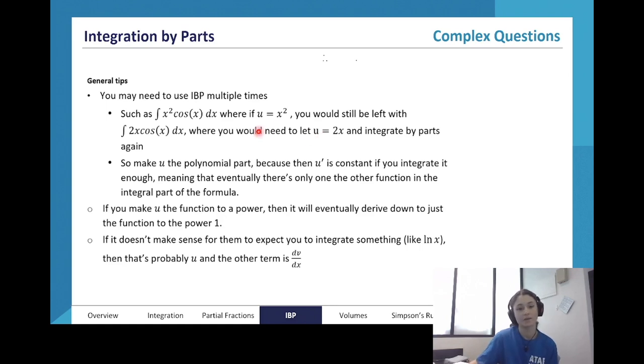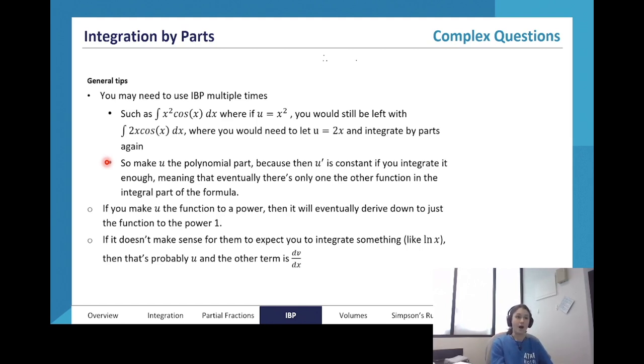Again, this tip here is to make u the polynomial part, because then u dash is constant if you derive it enough, meaning that eventually there's only one other function in the integral part of the formula. The other thing is if you make u the function to a power, it will eventually derive down to just the function to the power 1.